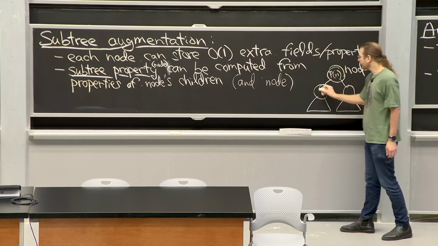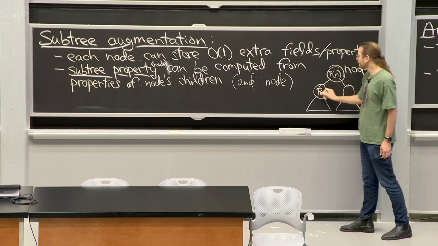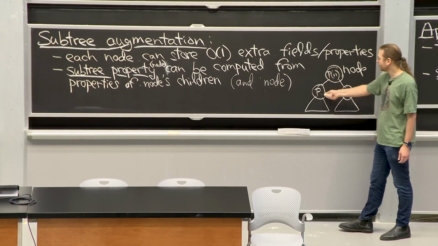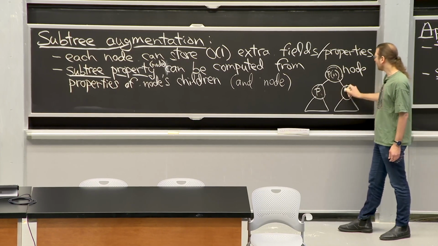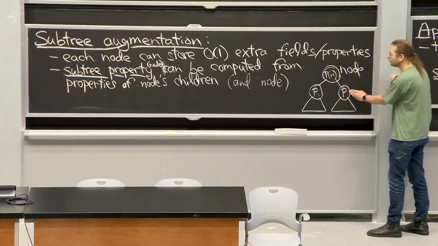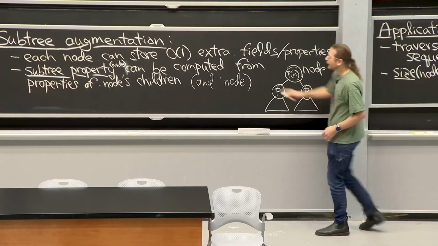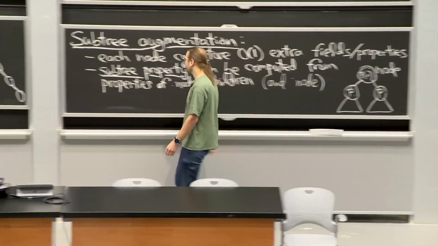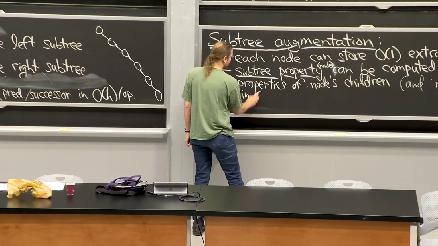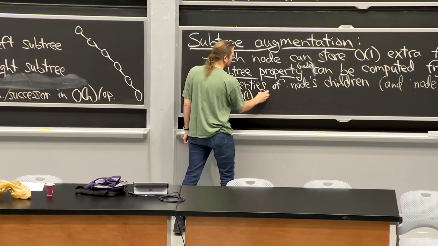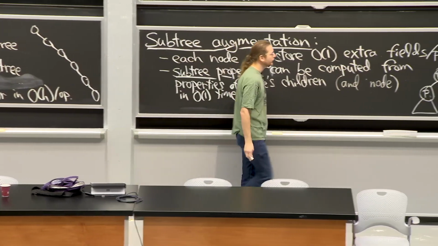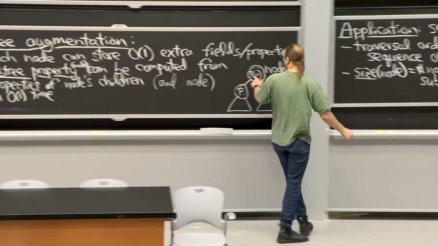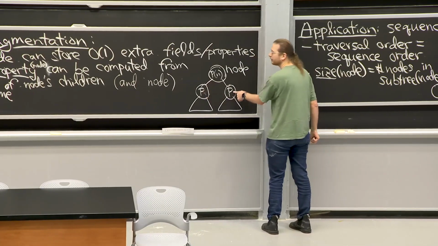And suppose we already know P for the left node, and we already know the property for the right node, then what I'd like is for this to be computable in constant time. So I can compute P of this node given P of the left node and P of the right node.